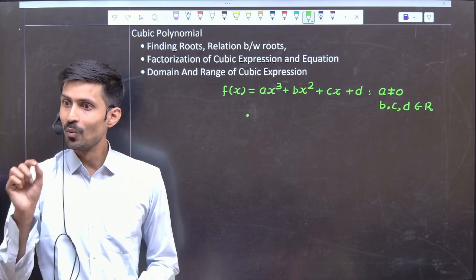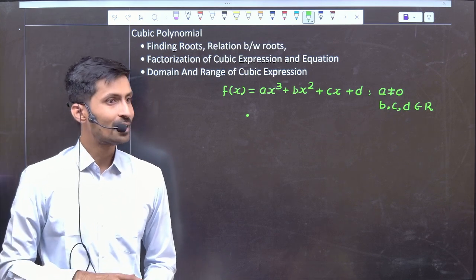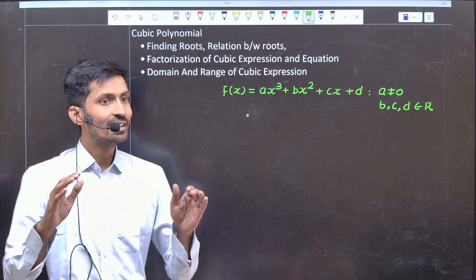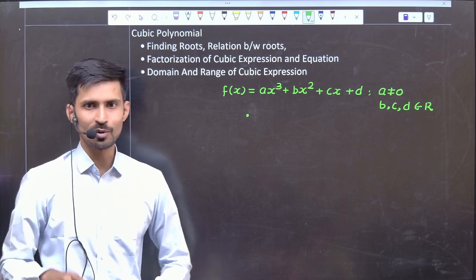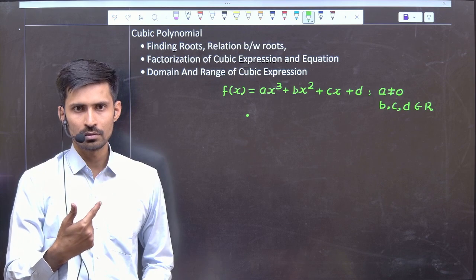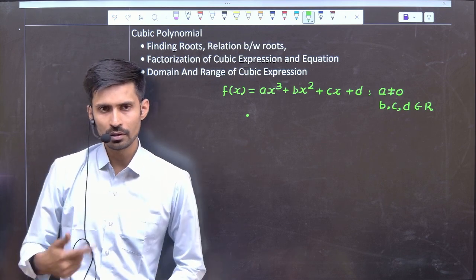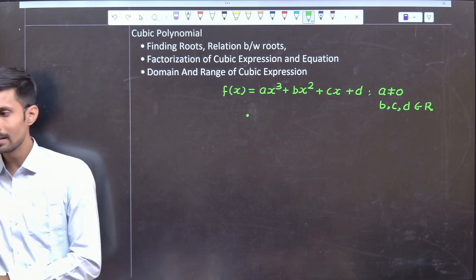It means one root always exists for a cubic polynomial. But in a quadratic polynomial, it is not necessary that a root will always exist. So what can we say about roots?